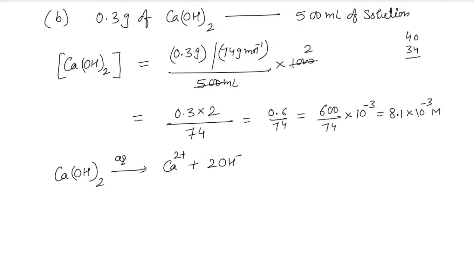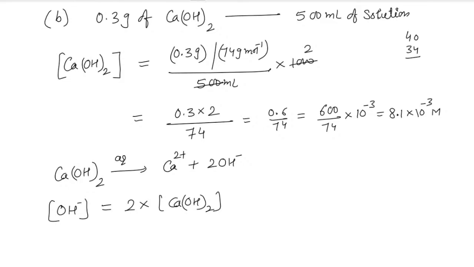Means the concentration of OH negative ion is just double. The concentration of OH negative is 2 times the concentration of calcium hydroxide. Am I right? This is the trick here. OH negative ion concentration is not equal to the concentration of calcium hydroxide. It is double the number. Why?